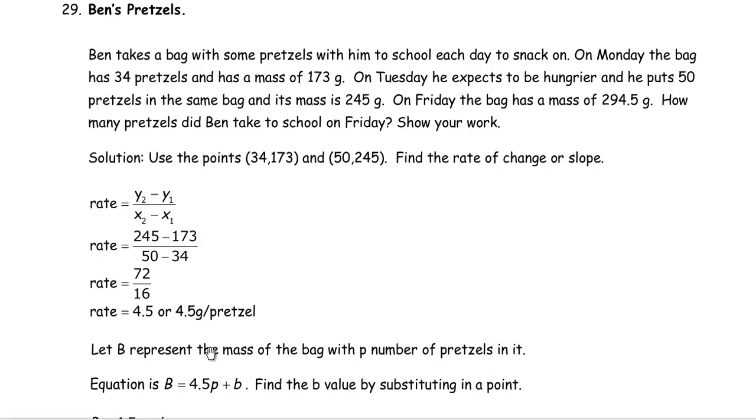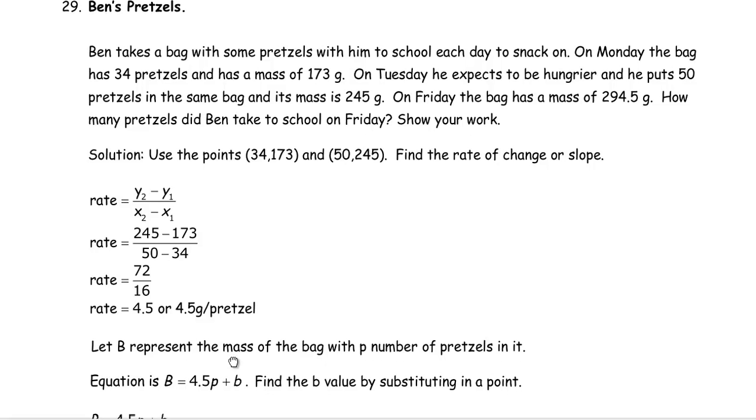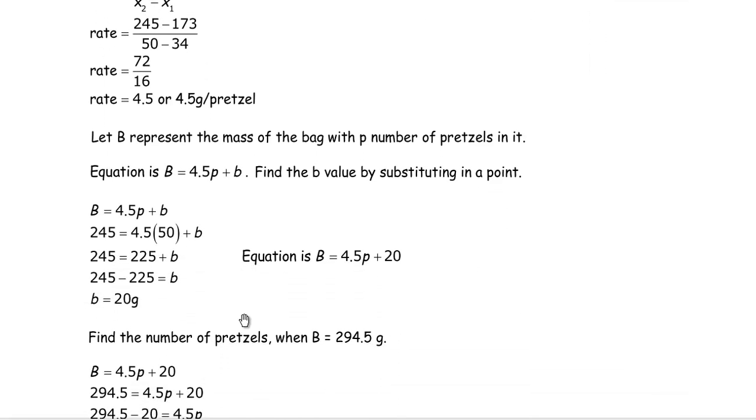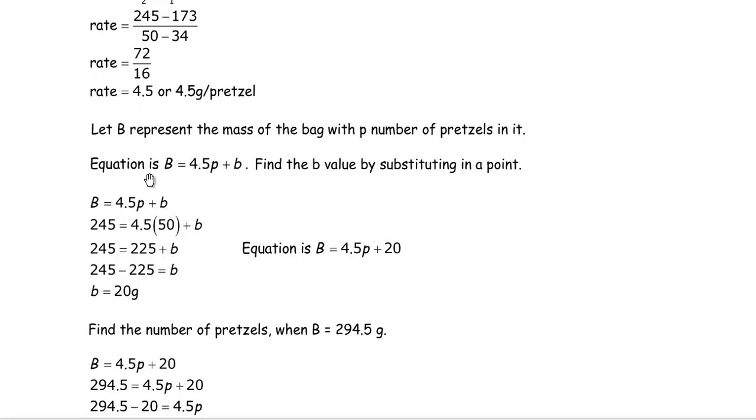Now to make up my equation, I'm going to let B represent the mass of the bag with P number of pretzels in it. So P is the number of pretzels and B is the total mass of the bag. And so let's scroll up here a little bit. So the equation, and I'm modeling this after y equals mx plus b. So I'm going to write that up here.